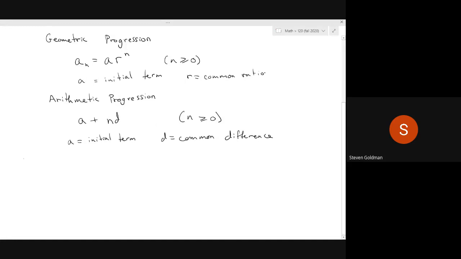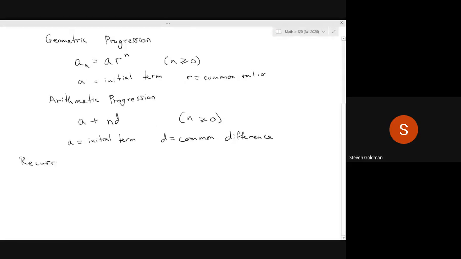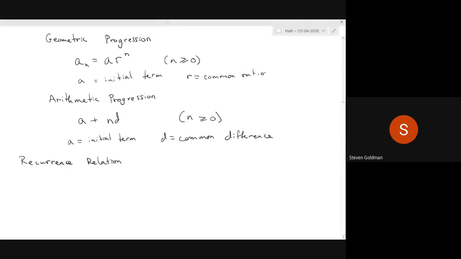We also discussed a recurrence relation, which is another way to specify the terms of a sequence. A recurrence relation is an equation where each term of the sequence is defined based on the previous terms. I also would have to give you some initial conditions; I have to tell you where to start.